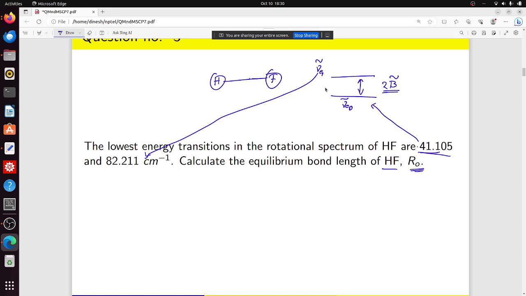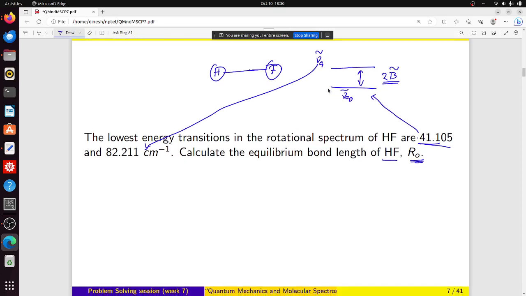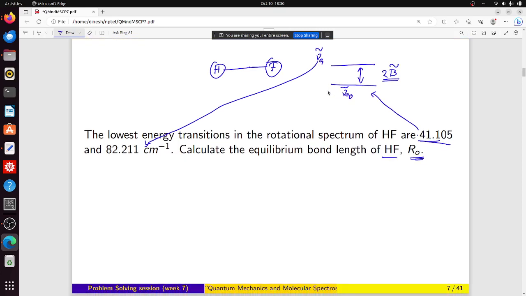This is energy in terms of length inverse, E1 in terms of wave number.